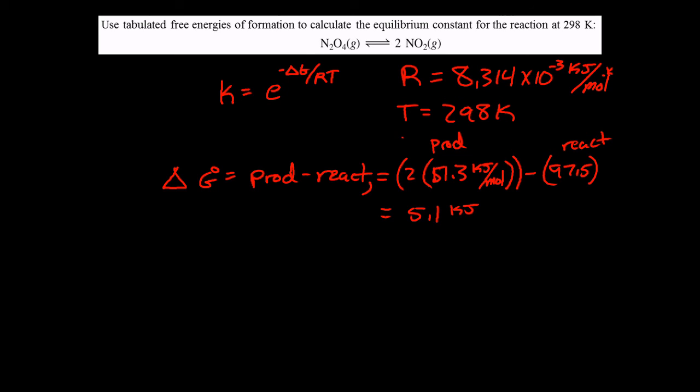Okay, so now we have everything we need. So if we go ahead and plug in what we know, K is equal to e raised to a whole bunch of stuff, raised to the negative 5.1 kilojoules divided by 8.314 times 10 to the negative 3 kilojoules, and then the temperature is 298.